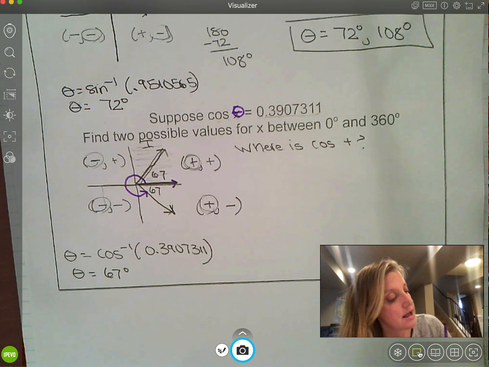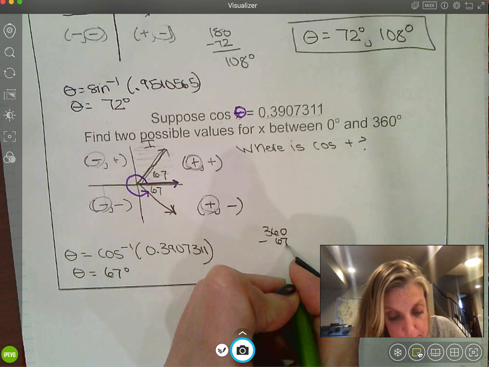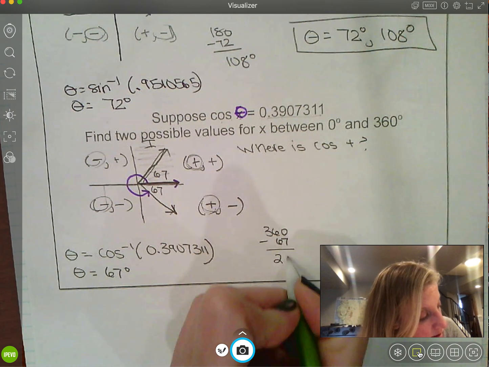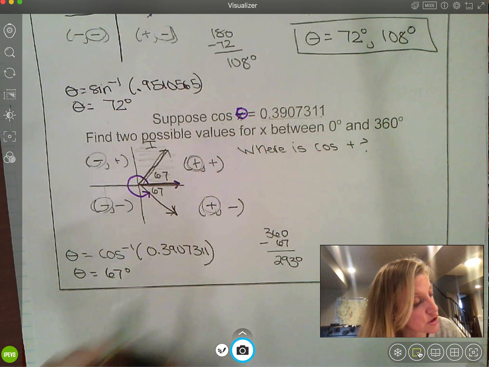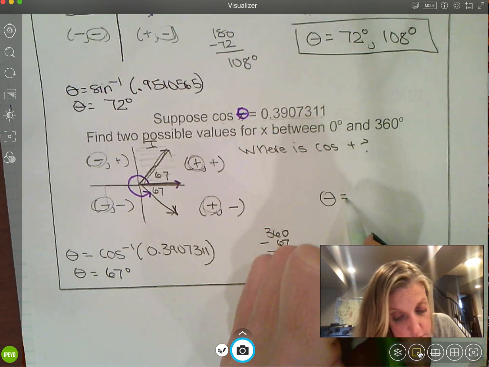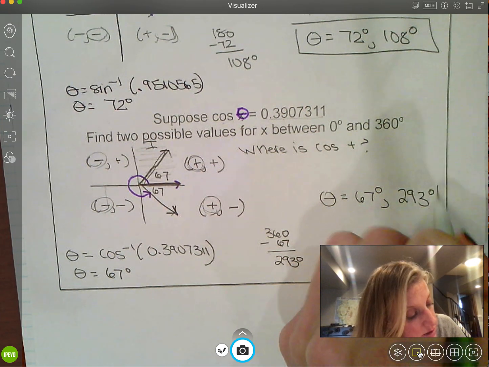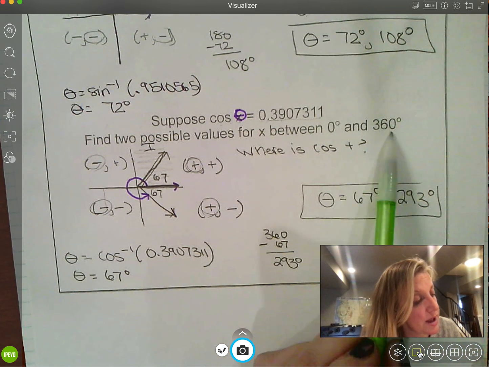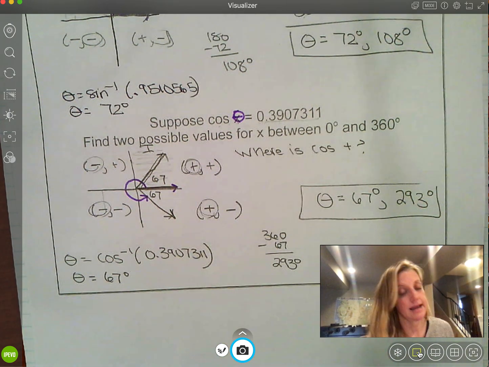We're not going to go 360, we're going to go 360 minus 67, which gets us to 293 degrees. So in this case, our angle could either be a positive 67 or a positive 293. Those are two angles between 0 and 360 that could get us this same answer.